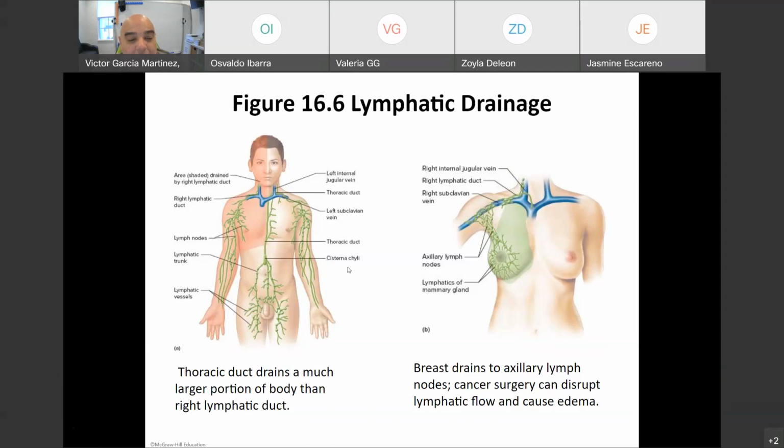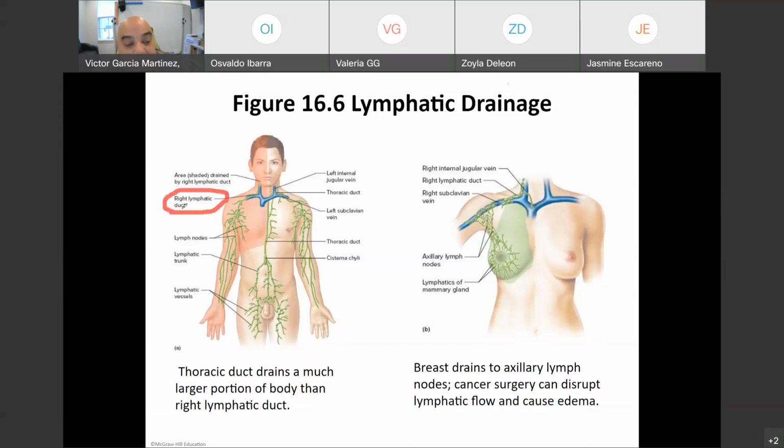Another important thing to recall here is that on the right side you have the right lymphatic duct. This is the great duct to drain the whole right side. But on the left side, you use the thoracic duct. Again, a huge difference, and maybe it will be in your exam, and it's something you need to know.